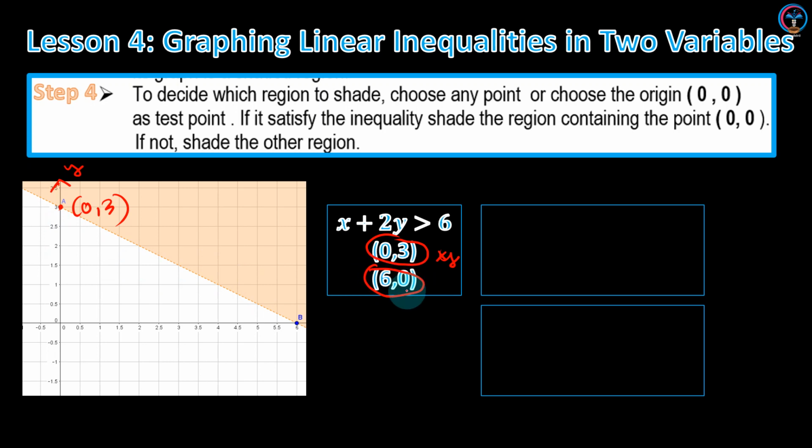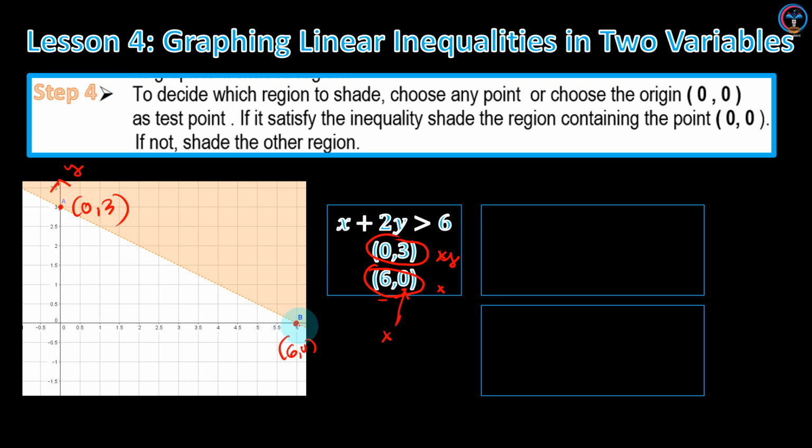Now 6, 0: our y here is 0, therefore this is the x-intercept. Again, if y is 0, this is called the x-intercept. In graphing, you can see this is 6 and this is 0.